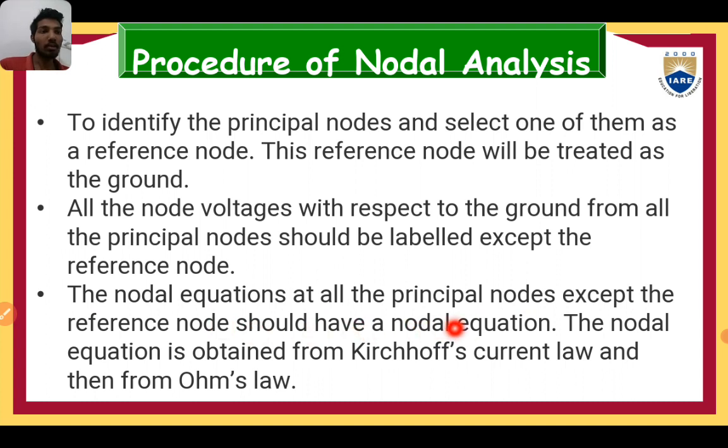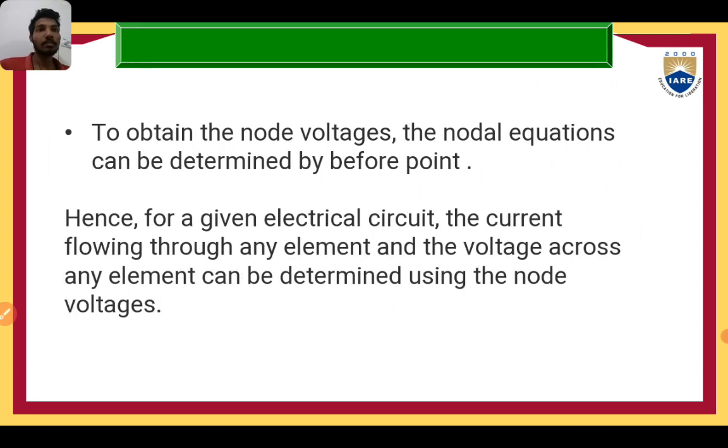The nodal equation is obtained from Kirchhoff's current law and then from Ohm's law. To obtain the nodal voltages, the nodal equations are solved. Hence, for a given electrical circuit, the current flowing through any element and the voltage across any element can be determined using the node voltages.